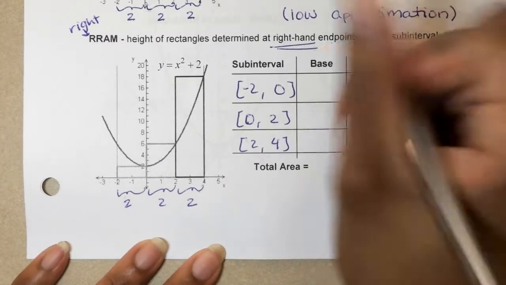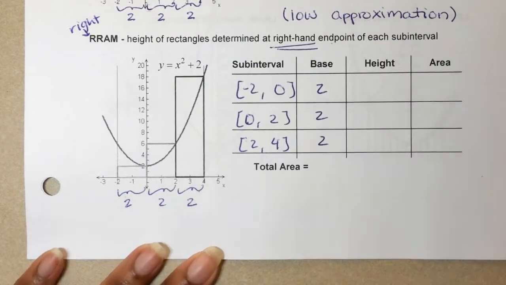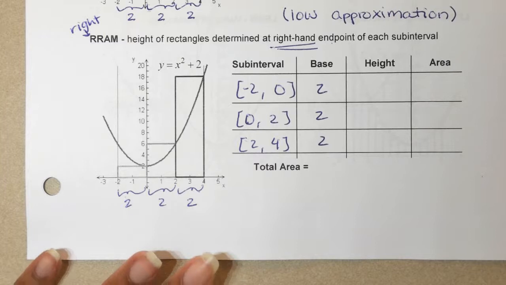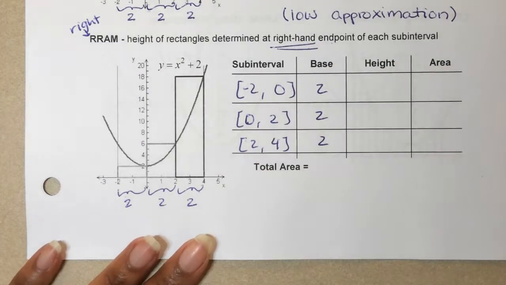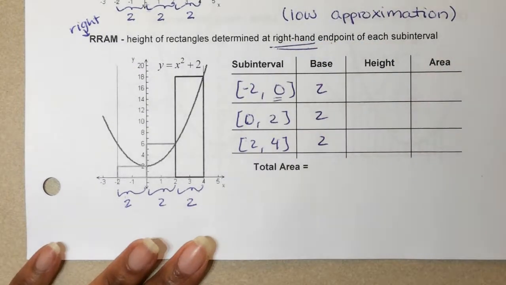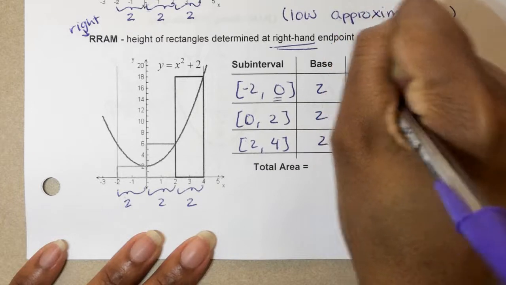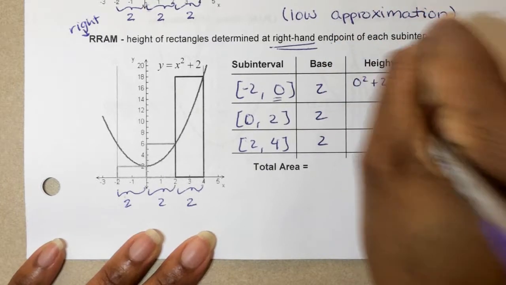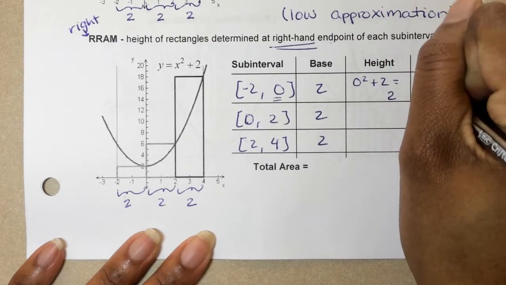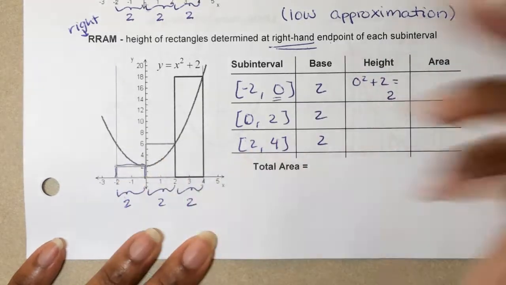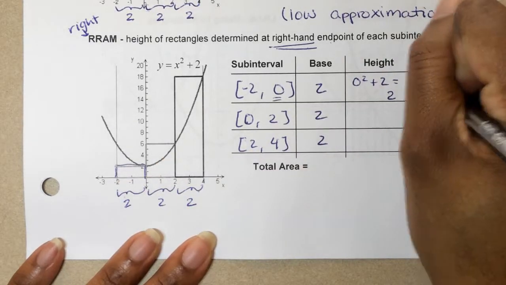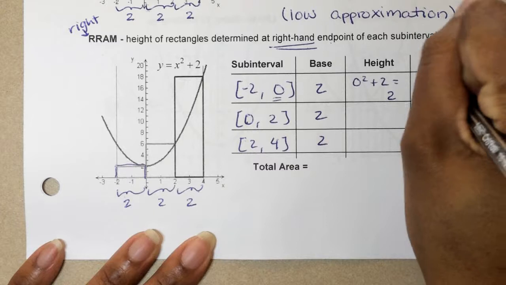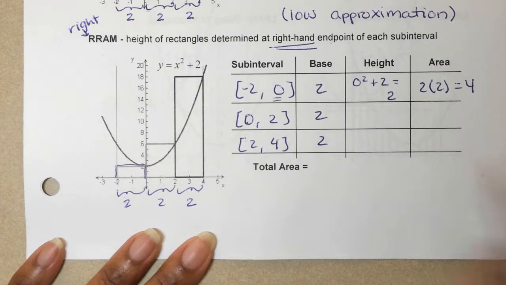And our bases are all still 2. It's just a matter of now finding our new heights. We're looking at the right endpoint, so we're going to start with 0. So we'll have 0 squared plus 2, which is 2. So my area for this first rectangle would be 2 times 2, which is 4.